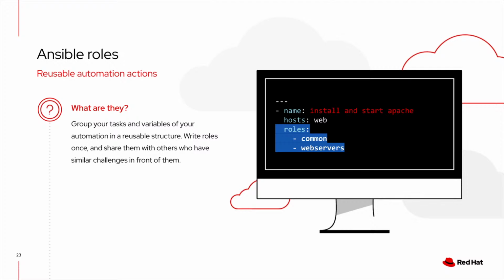These can be shared with people on your team, with a different team, an entire organization to ease the adoption of automation, and also to define official or opinionated ways to automate certain components. So, there can be a role to properly set up and configure a PostgreSQL database server. There could be a role to configure basic security measures on all of the servers. And there could be a role to properly configure all of your web servers.